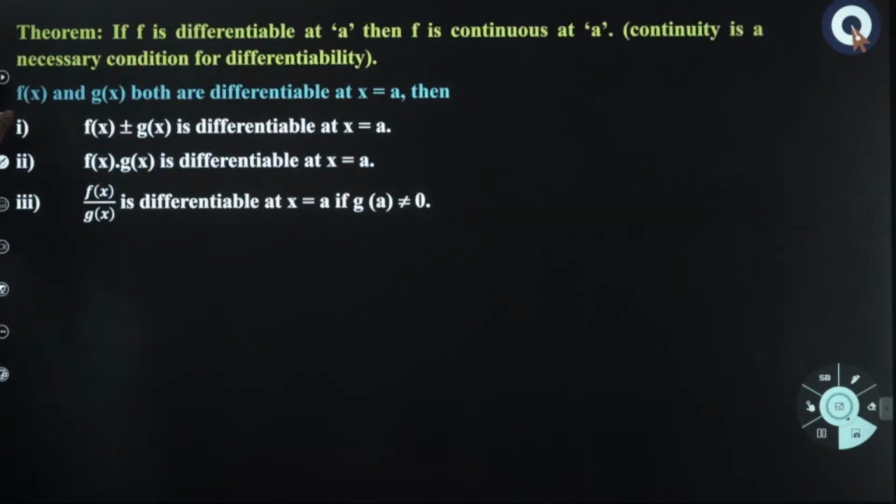Next, suppose f(x) and g(x) are two functions which are differentiable at x equal to a. Then their sum, difference, product and quotient are all differentiable at x equal to a, except that for the quotient we should say g(x) is not equal to 0.